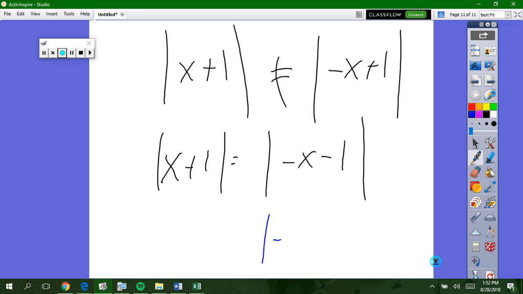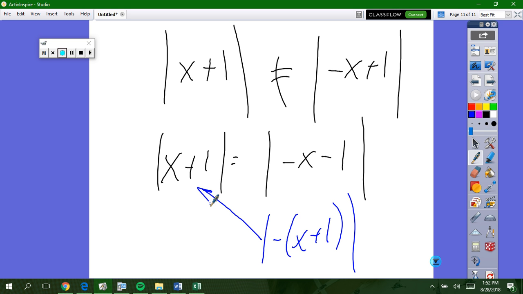This is kind of a thinking skill. This and this are equivalent, correct? You guys agree with that? If I factor out a negative, and I distributed it through, it'd come back to the same thing, would it not? Okay? Do you guys see how this absolute value is equal to this absolute value?